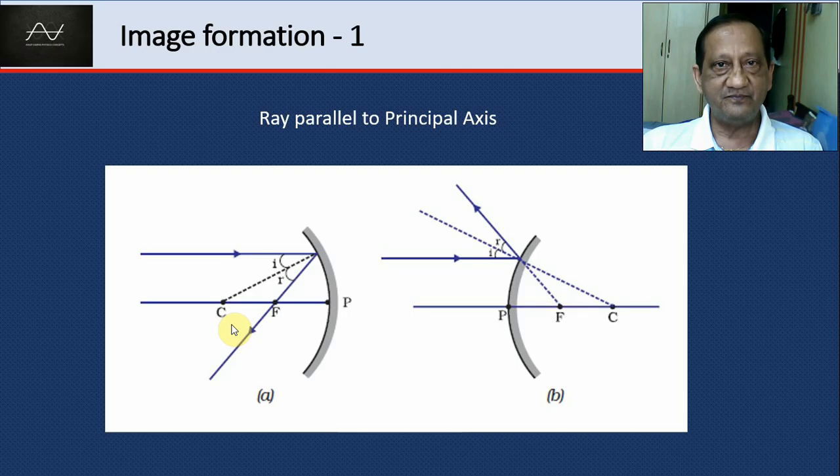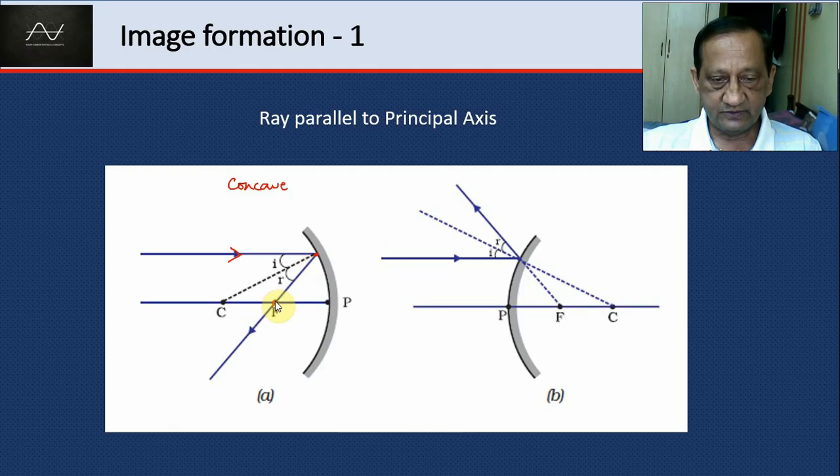So we need only two rays to construct a ray diagram, as it is called, to locate the image of a particular point object. First, consider a ray that is parallel to the principal axis, and I'm going to draw both types of mirrors in each case. This is concave. A ray parallel to the principal axis hits here. This dotted line is a normal because it passes through the center of curvature, so i equals r.